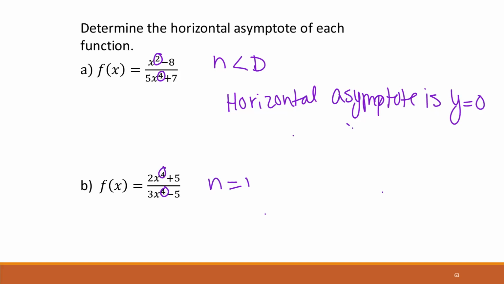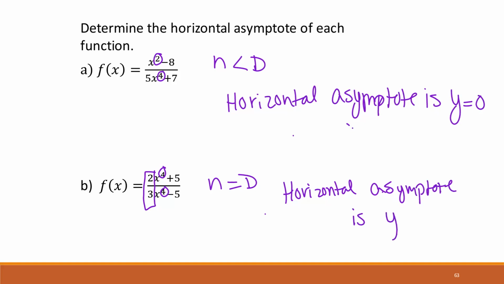Numerator equals denominator here as far as the degrees go, so it is the coefficients. We're looking here, the coefficient of the leading term is 2/3. So there is a horizontal asymptote at y equals 2/3.